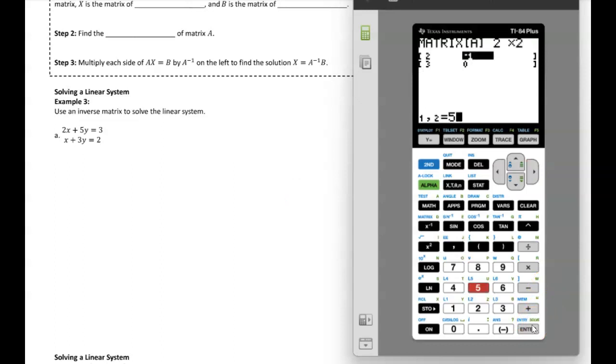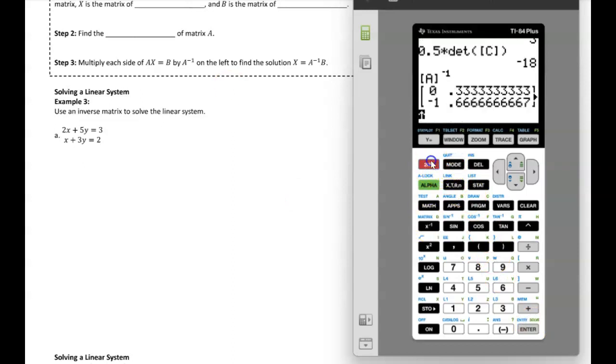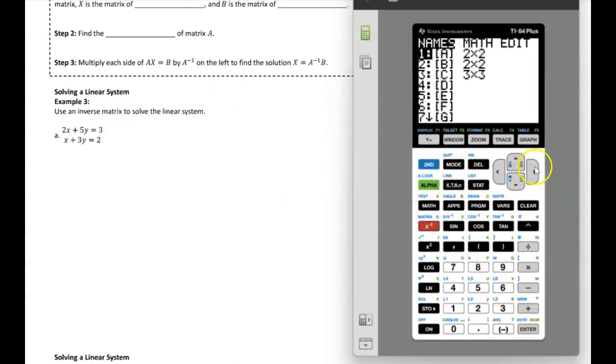It was 2, 5, and then it was 1, 3. I'm doing all the numbers in front of the variables, right? And so then let's get out of there and go back to matrix B. And let's edit matrix B. All right, it needs to be a 2 by 1, and it's 3, and then 2. All right, get out of there.